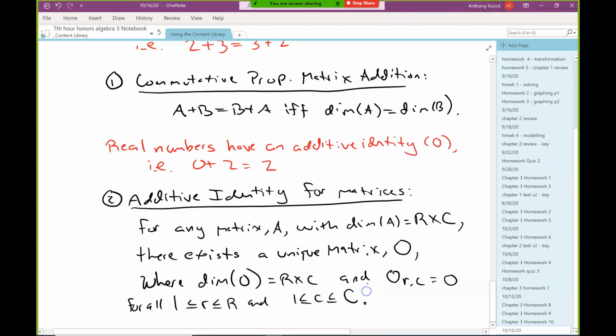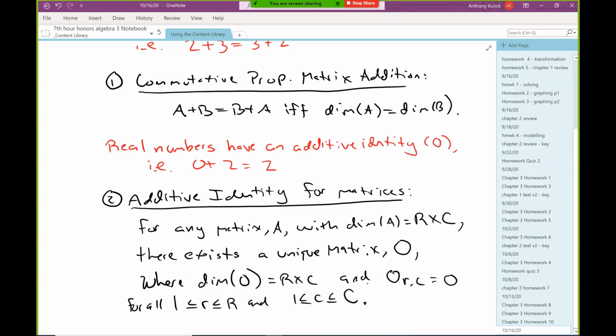Okay. So for any matrix A with dimension R by C, there exists a unique matrix O where the dimension of O is also R by C, and each entry is equal to 0.